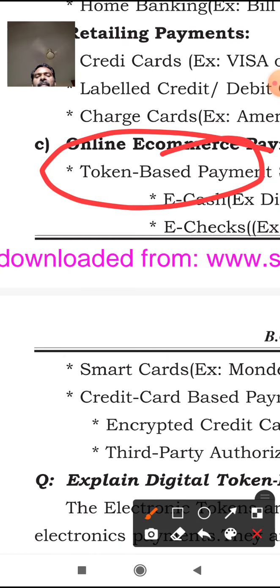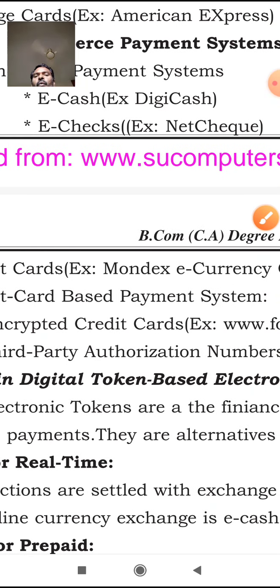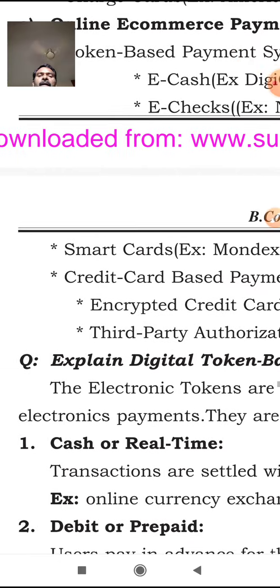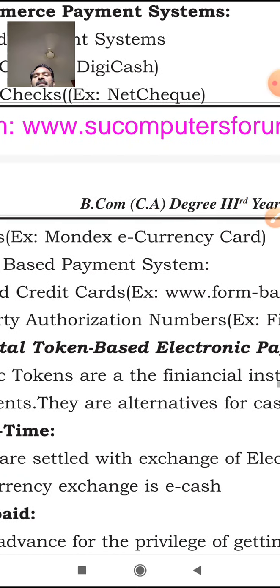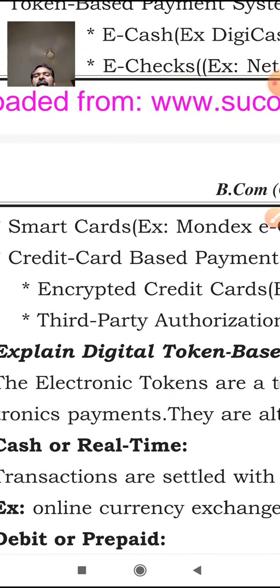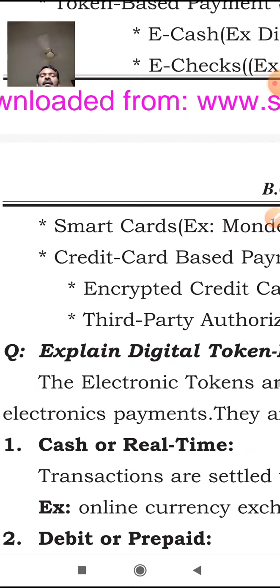Then next, Mondex e-currency cards. All these types of cards belong to the smart card section. Then credit based payment systems, like encrypted credit cards and third party authorization of credit cards. All these credit cards use the EFT applications to transfer the money in the electronic format.